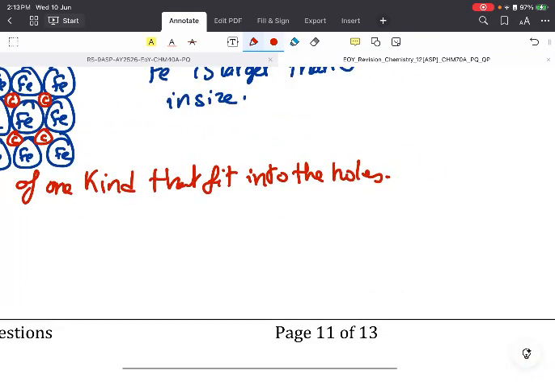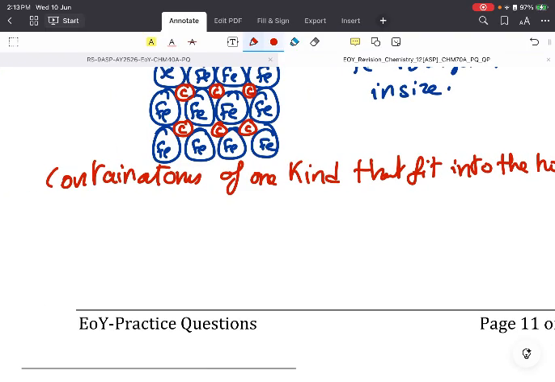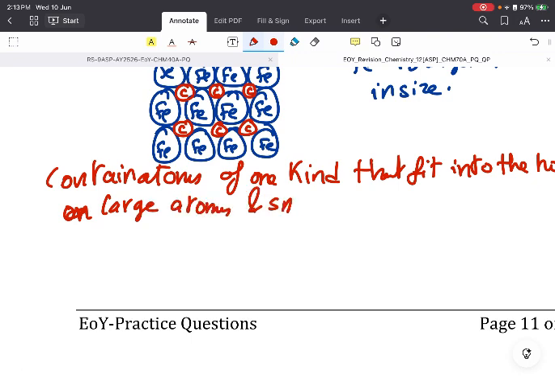Usually the mix is between large atoms and small atoms that are small enough that they cannot substitute.